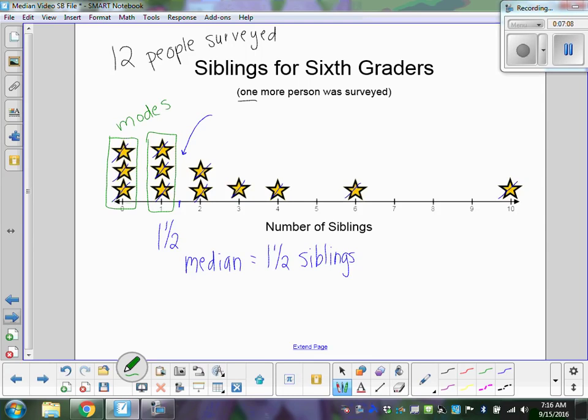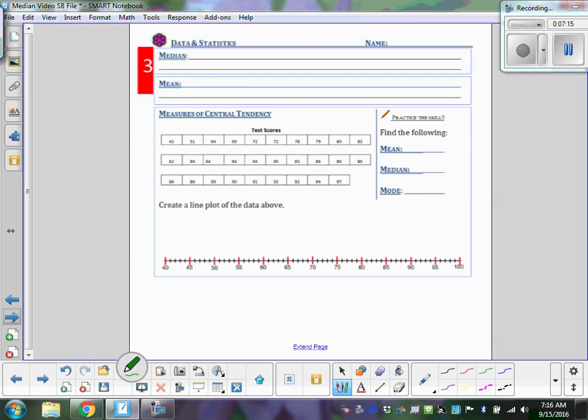All right, please go ahead and get out your data notes sheet. And we're going to add a couple of things to your notes sheet. The first thing I would like you to do is to fill out median up here at the top.